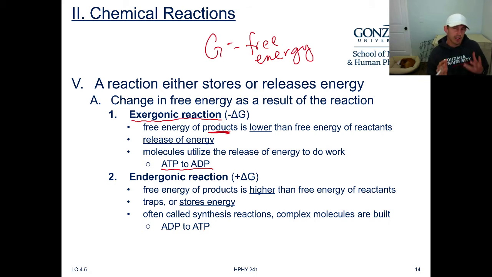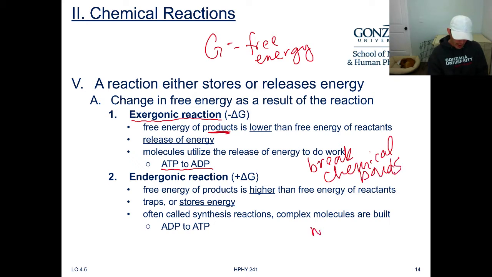Okay, I think this is getting really complex, and really, if I had to summarize both of these, typically in an exergonic reaction, you're going to break chemical bonds, and in an endergonic, you're most likely going to make chemical bonds. Okay, that's a real simplified way to look at it.